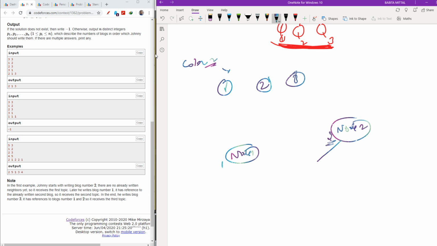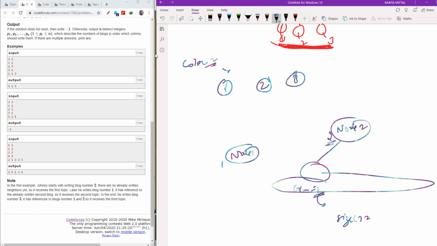You will check its neighbors which have color 1, and if its size is equal to 2 minus 1, then I will have my answer.